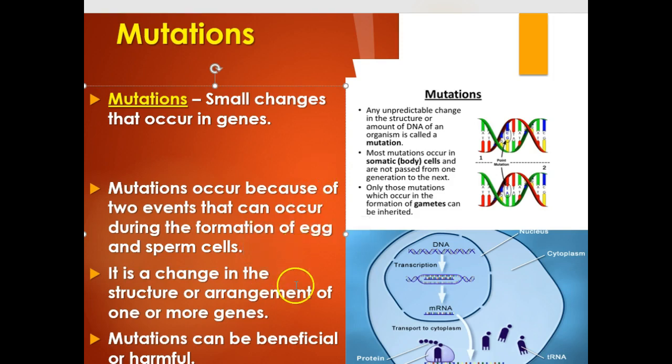If the egg and sperm cells do not divide correctly, then this is where we have the problem. It's a change in the structure or the arrangement of one or more genes, and they can be beneficial, they can be harmful, and can lead to all of these genetic abnormalities that we just talked about.